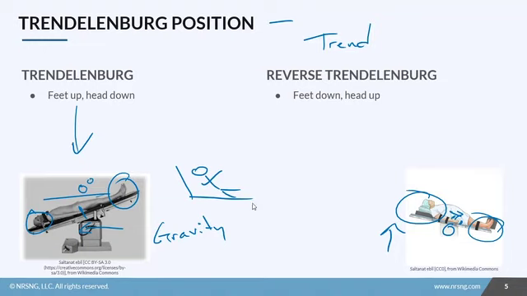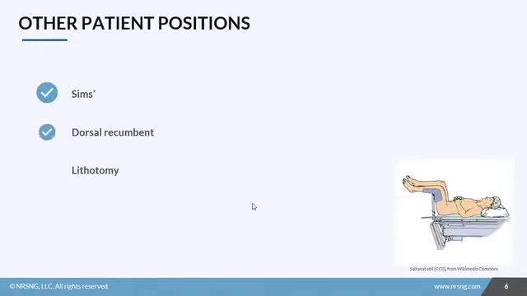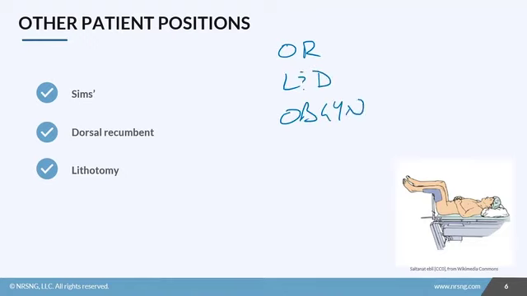So let's look at some other less common positions. You're not going to really see these positions unless you're in a specialized area, like let's think OR, L&D, or maybe gynecology. But what you need to know is that these things are going to help you out. So Sims position is basically a side lying position. So this is your bed, and here's your patient.